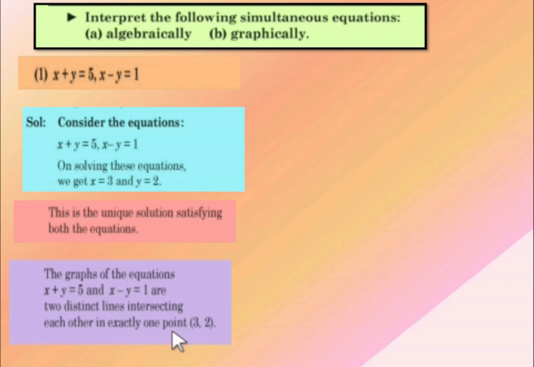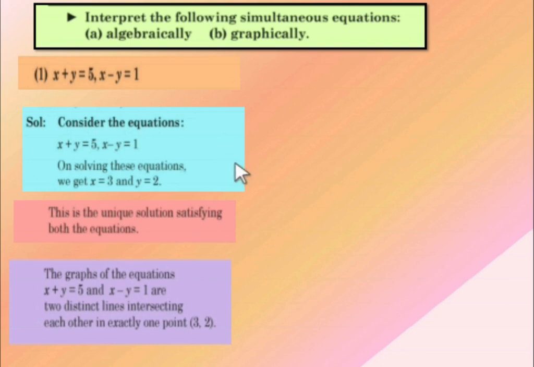They intersect each other at the point (3, 2), the ordered pair. It is a common point which is there in both the lines. So this solution is the point of intersection, and when you are supposed to solve in this exercise, you have to understand mathematically what you are doing.